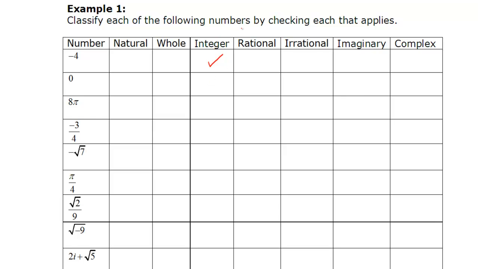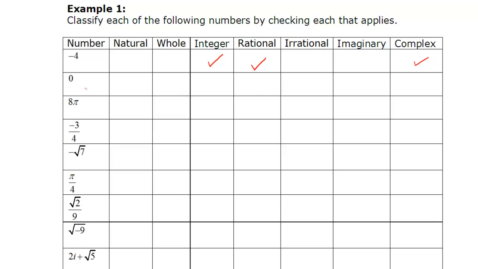And if it's an integer, it's automatically rational, because it can be written as a fraction, so it belongs there. Rational and irrational aren't connected at all. They're actually separate sets, so if it belongs in one, it can't belong in the other, so it's not irrational. It's not imaginary, because there's no i there. That's typically the hint that it's imaginary or a negative root. And every number is complex. So there's where that number belongs.